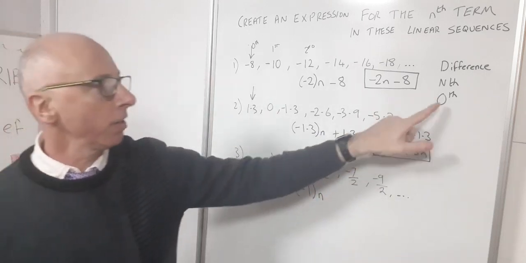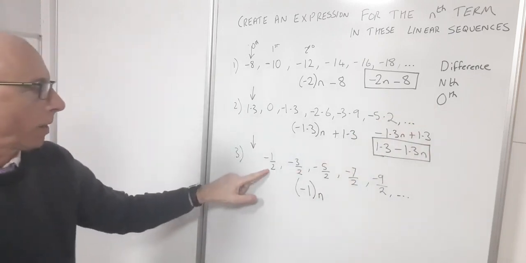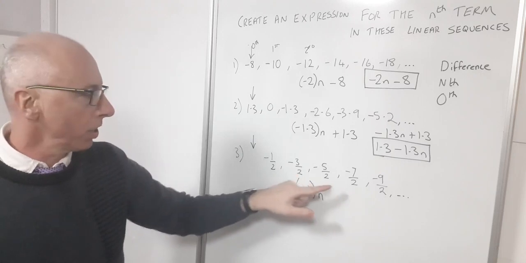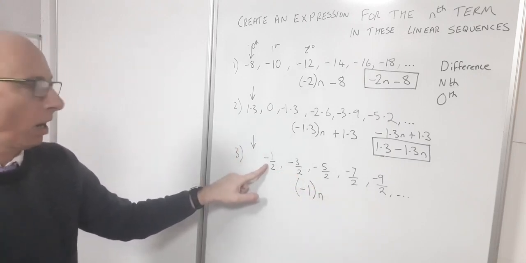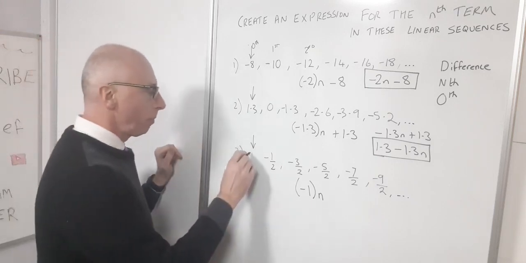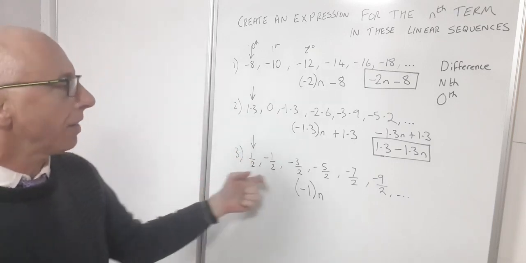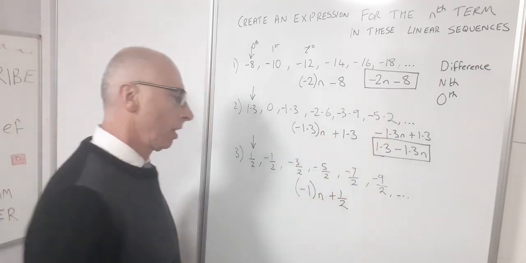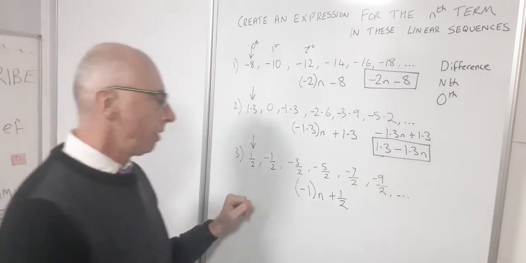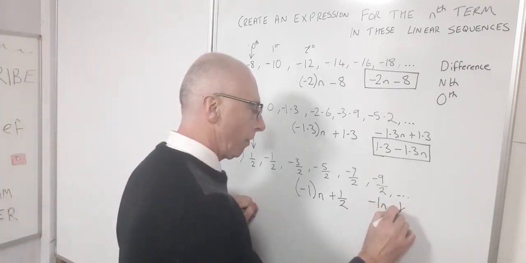And now I want my 0th term, so I'm looking for a number I can put there. So as I'm reducing by 1 going in this direction I can add 1. So -1/2 plus 1, that's going to give me +1/2. So what I'll do now is add on my 0th term. So add 1/2. So now my expression I can write -1n plus 1/2.